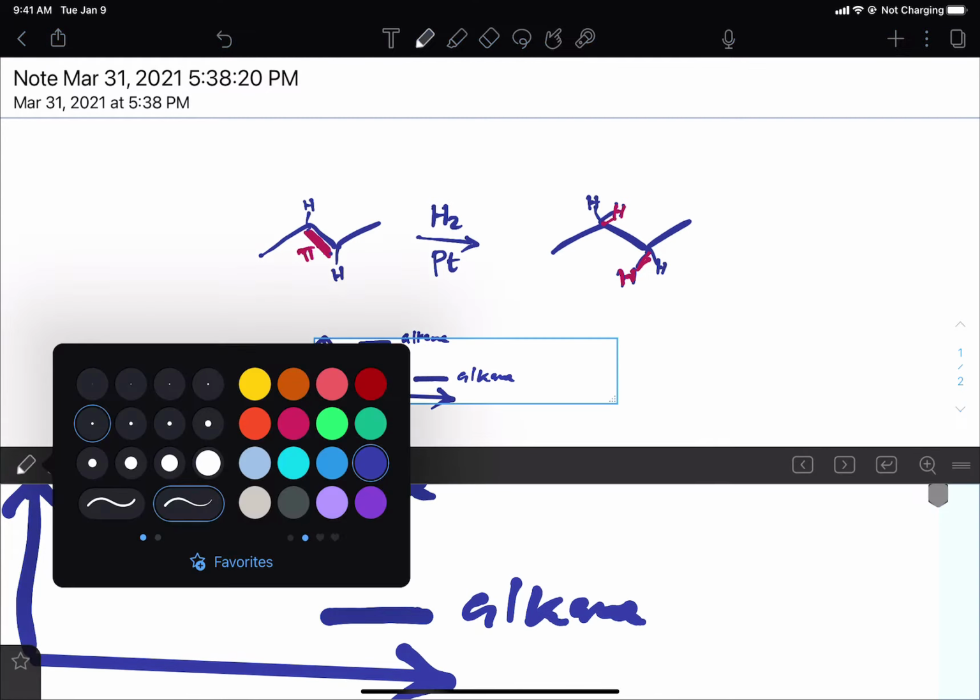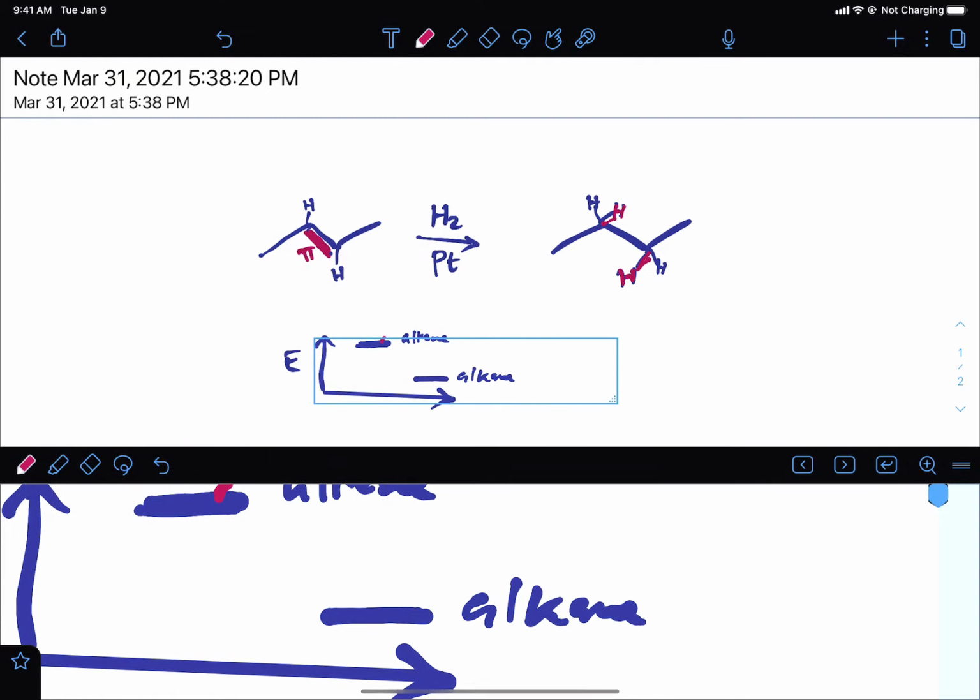So we're going down in energy. This process is downhill. And so this difference, that delta E, is the heat of hydrogenation.